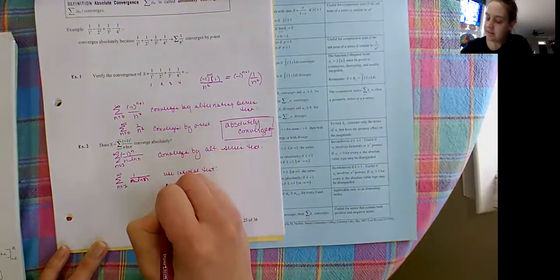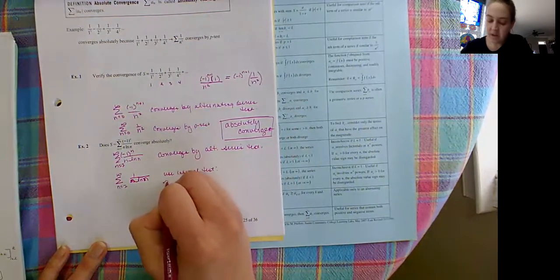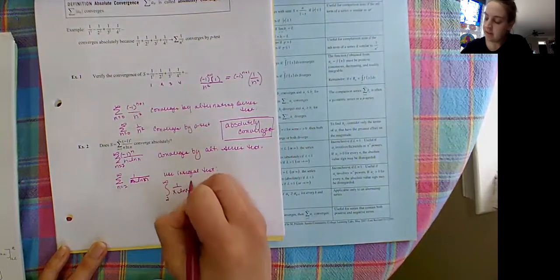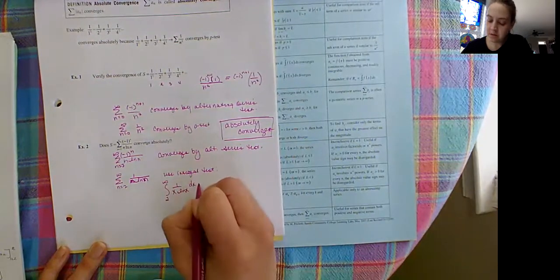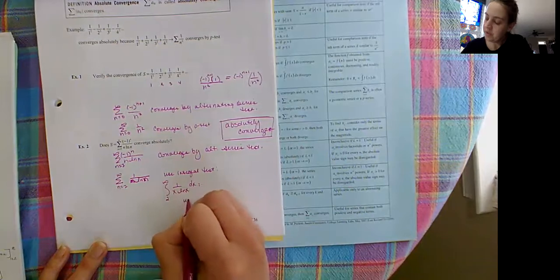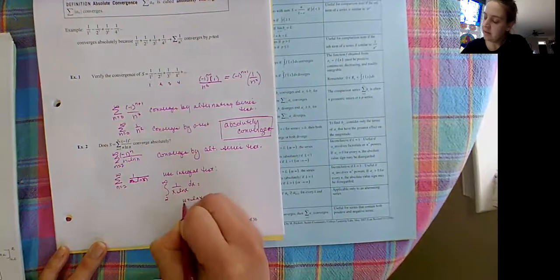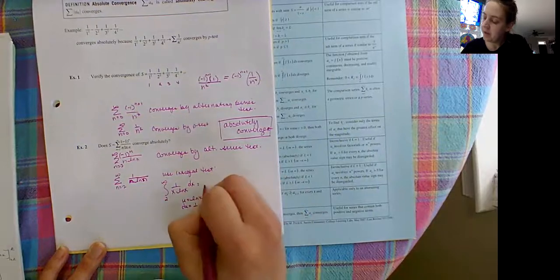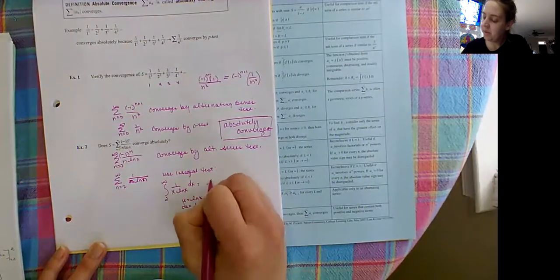We are going to write this as the integral from 2 to infinity of 1 over x natural log of x dx. We need u substitution, where u is the natural log of x, and du is the derivative of that, 1 over x dx. Now, because this is an improper integral, we're going to use a limit again.